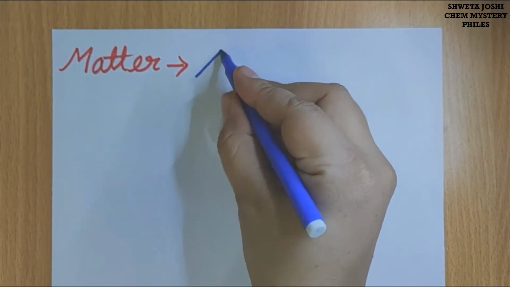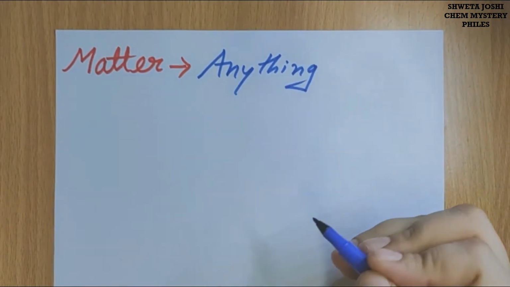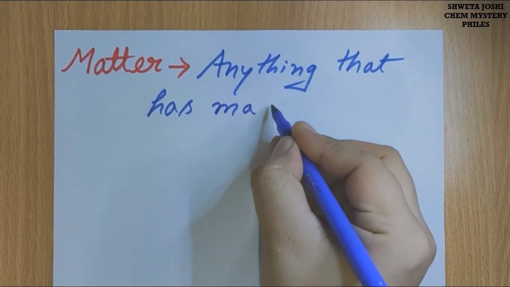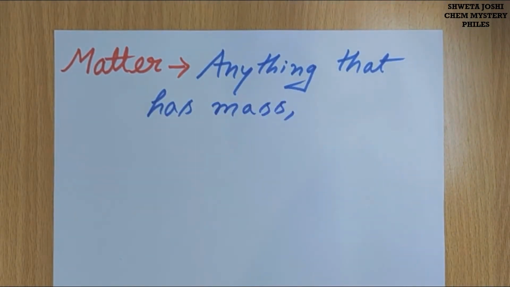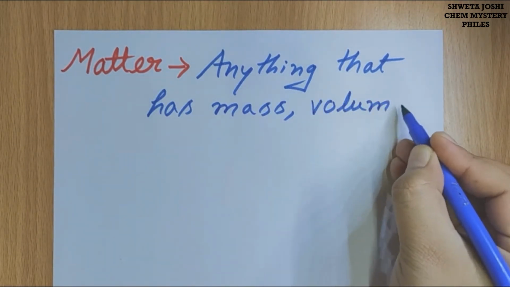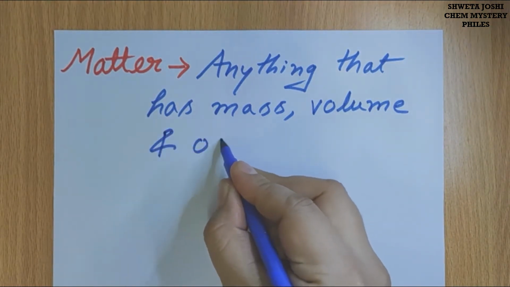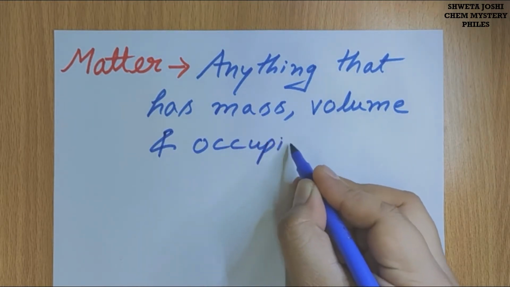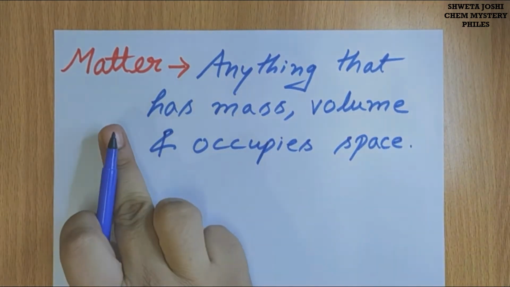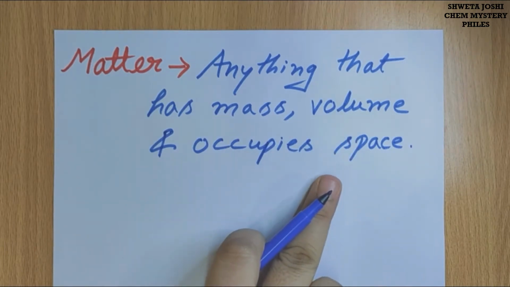So matter is anything that has mass, volume and occupies space.